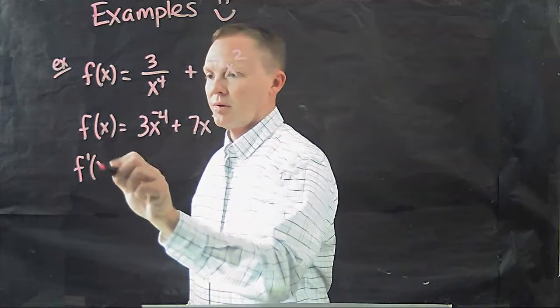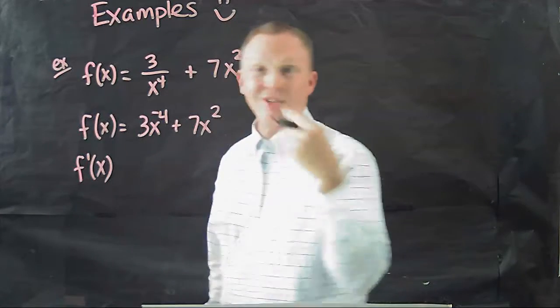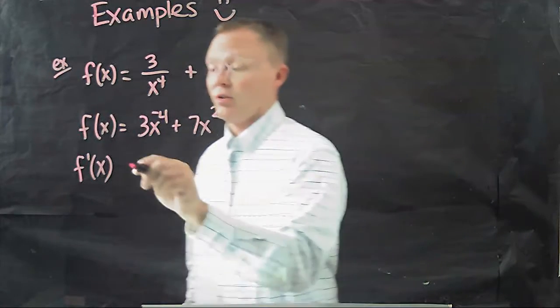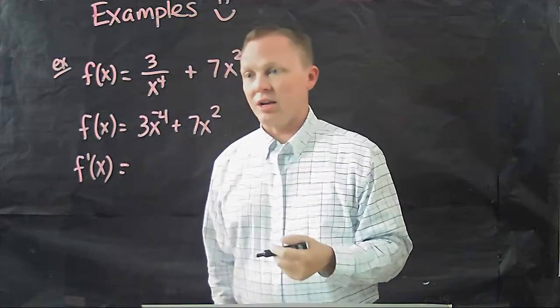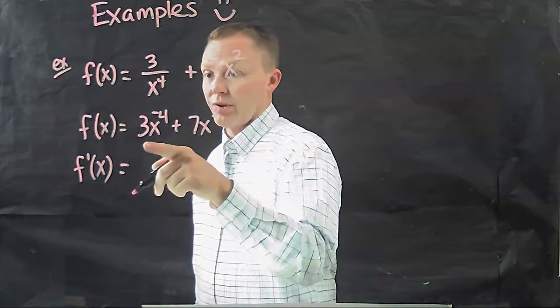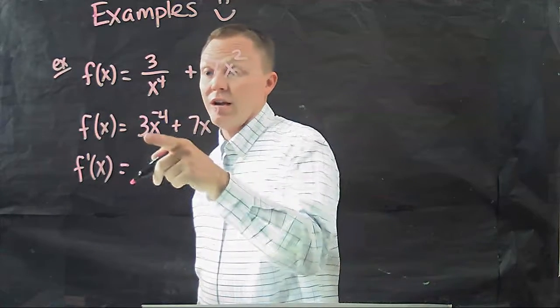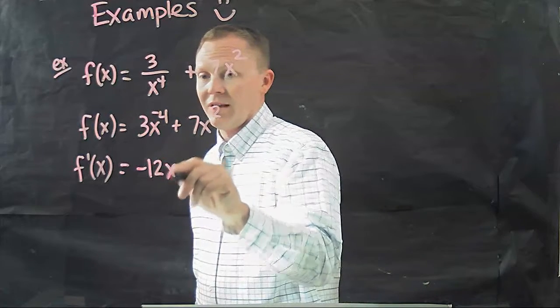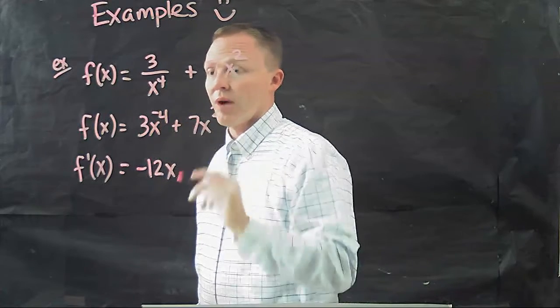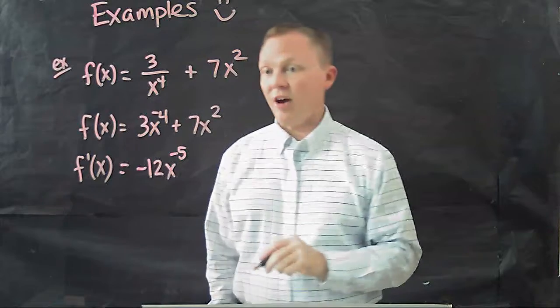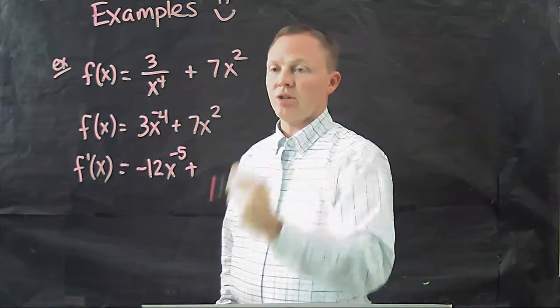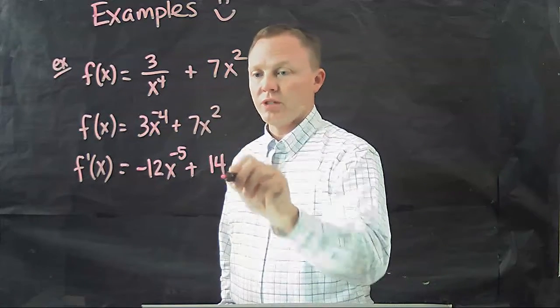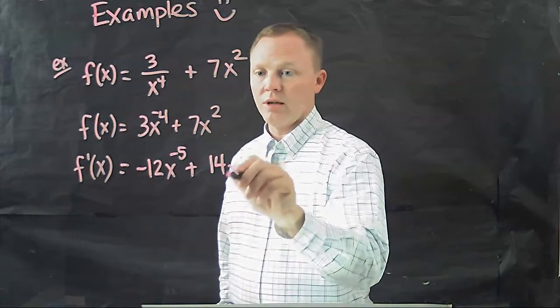All right, so now we're going to take the derivative. Now you can start doing these in your head. You don't have to break these rules down every single time. So the 3 is going to hang, and you bring down the negative 4. Negative 4 times 3, negative 12, x, negative 4 minus 1, negative 5. Boom, that one's done. Next term, 2 times 7, 14, 2 minus 1, x to the first.